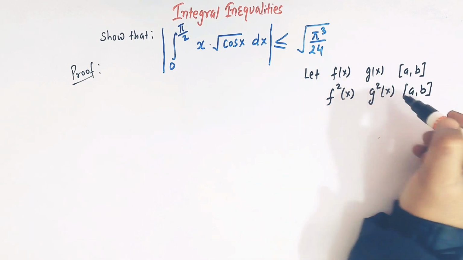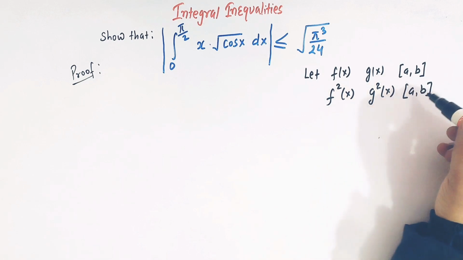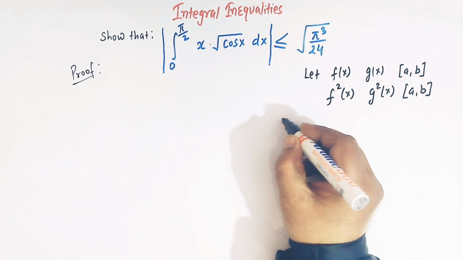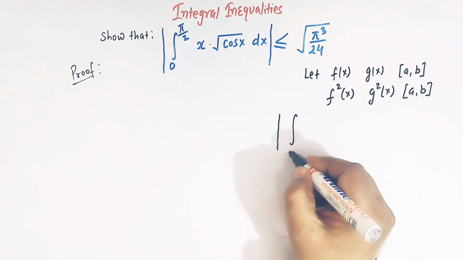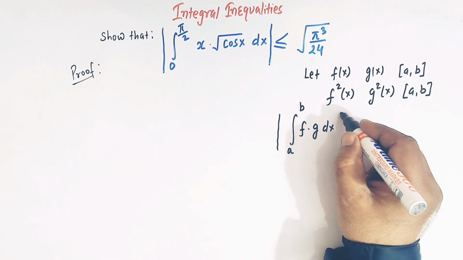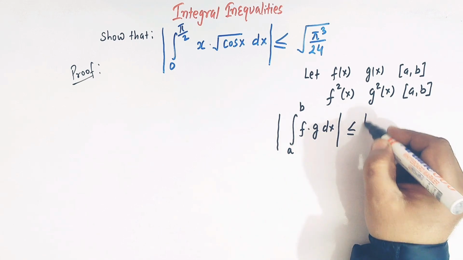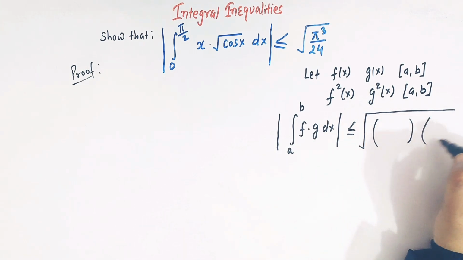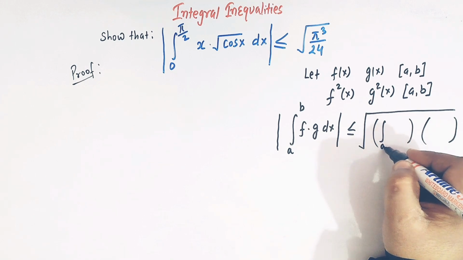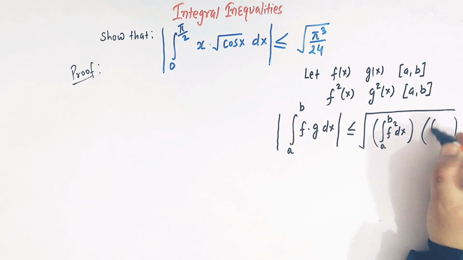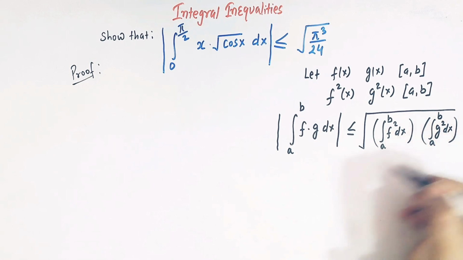So if f square and g square are also integrable from a to b, then the Cauchy-Schwarz inequality says that the absolute value of the integral from a to b f times g dx is less than or equal to the square root of the product of these two integrals, right? So the first one is from a to b, f square dx, and then we have a to b g square dx, right?